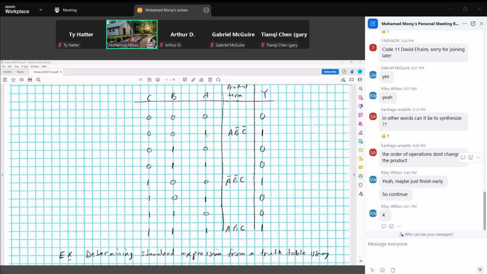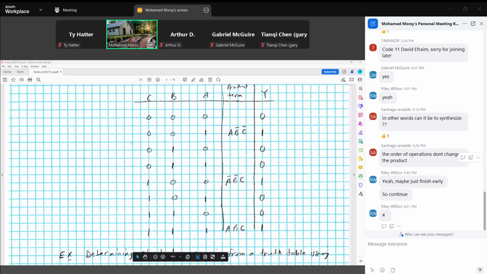But you start 0, 1, 0, 1, 0, 1, 0, 1. This is 8: 1, 2, 3, 4, 5, 6, 7, 8. Then double the number: 0, double 0, then 1, double 1, then double 0, double 1. Then double zeros again: 0, 0, 0, 0, then 1, 1, 1, 1.